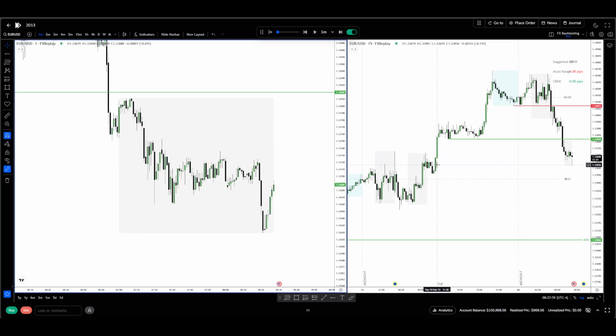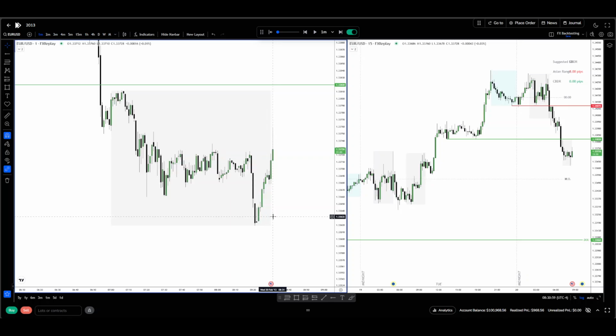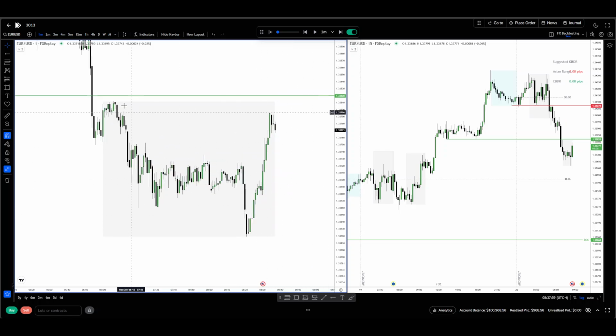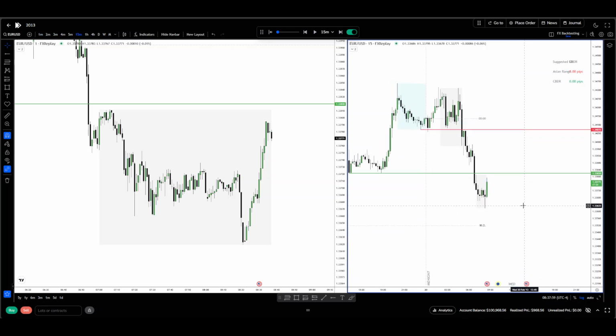So now we are inside this fair value gap. My bet now would be that the news event goes low, or yeah, takes out all this sell side first. So this is the pullback that I wanted to see. We are in this dealing range, this high to this low.